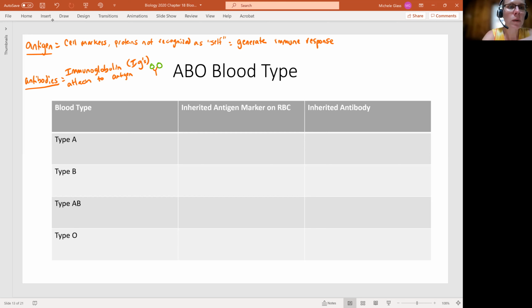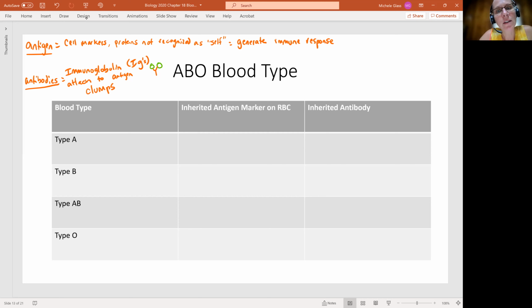I've done a little drawing of a Y as my antibody, and one arm of the Y is holding on to a green cell and the other arm of the Y is holding on to another green cell. So one antibody is holding on to two cells. And so antibodies very often form clumps, or we can use this fancy word agglutination, which is talking about making a clump.